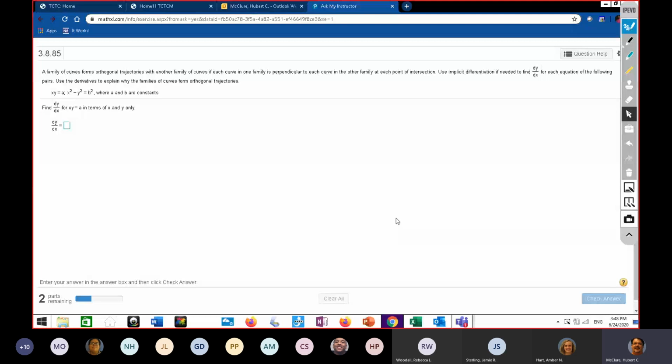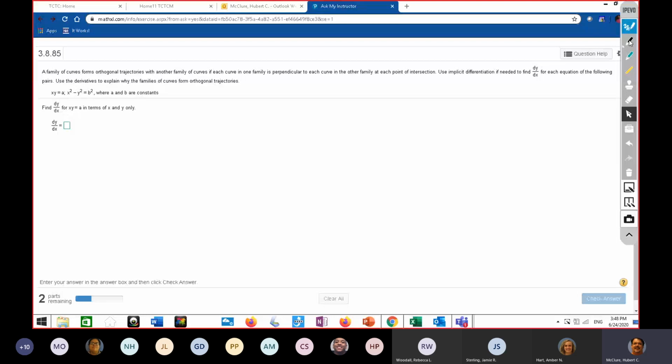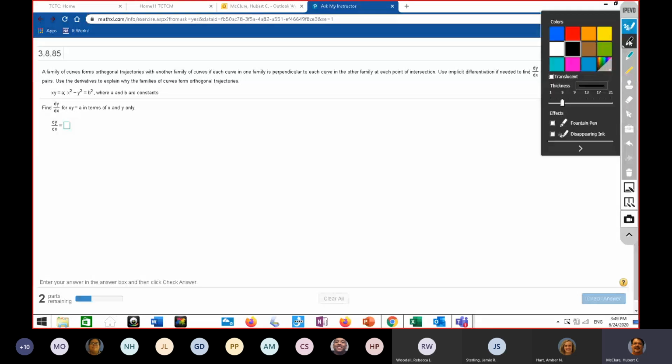So the first thing you're going to do is you're going to solve the left-hand side for y. So that's going to give you y is equal to a over x. Or a x to the what? -1.